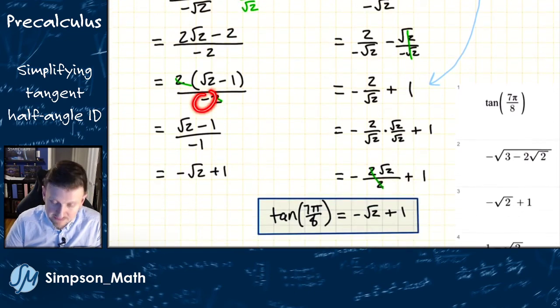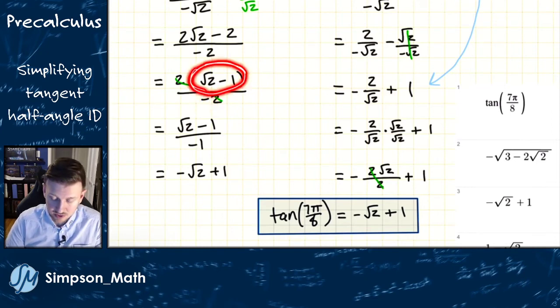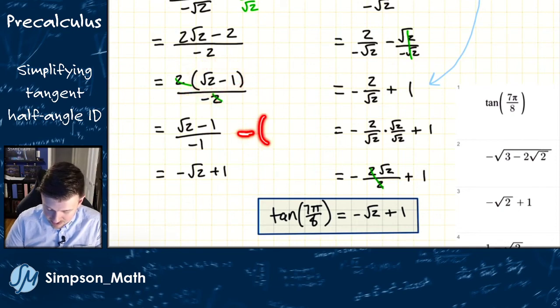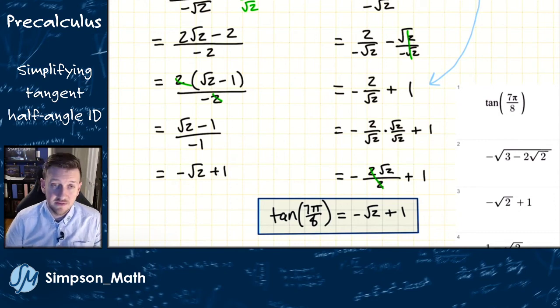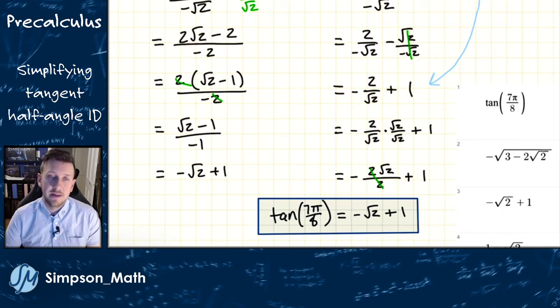Now I still do have this negative, but again, I have this whole chunk of a term divided by now a -1. You can just express this as a negative times square root of 2 minus 1, and then just distribute that, and we have a negative square root of 2 plus 1. Or just know, dividing by negative is the same thing as dividing by -1 is the same thing as multiplying by -1.